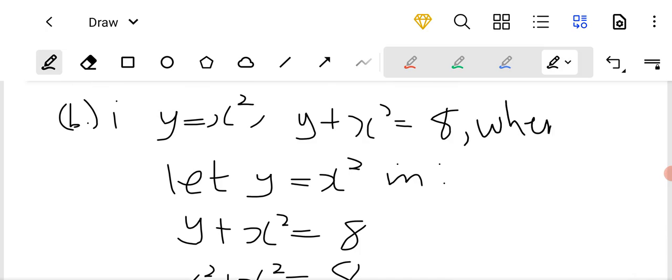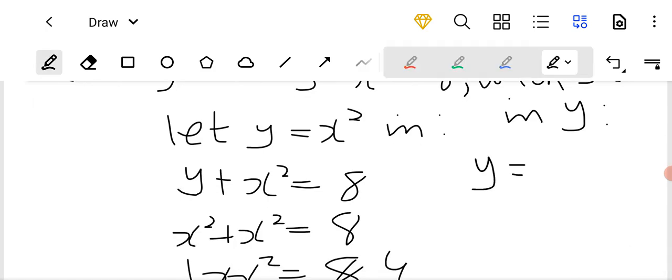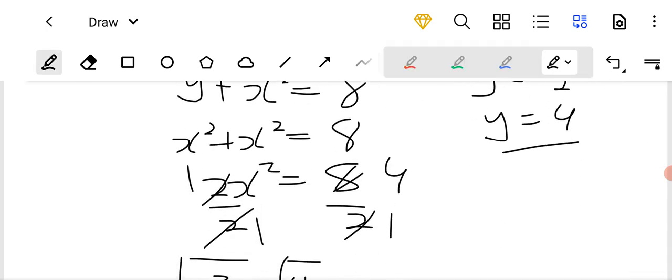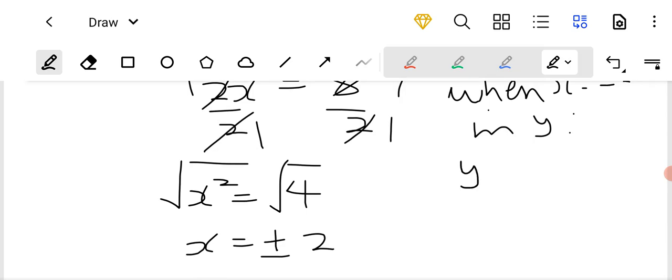Then you will simply say, when x is equal to positive 2, in y, y is equal to positive 2 squared, so y is equal to 4. Then when x is equal to negative 2, y is equal to negative 2 in brackets squared, which will also give you a 4.